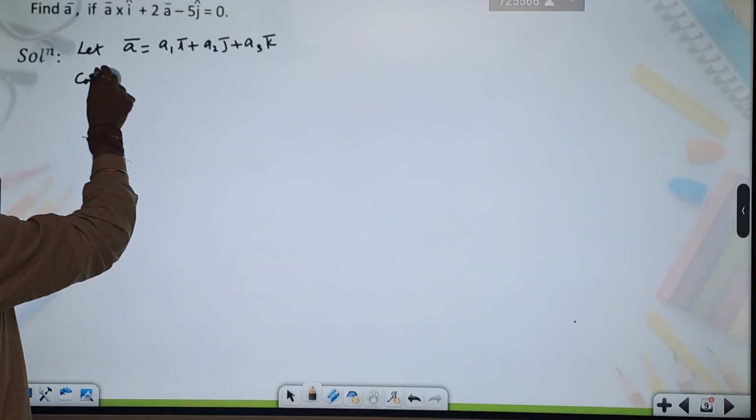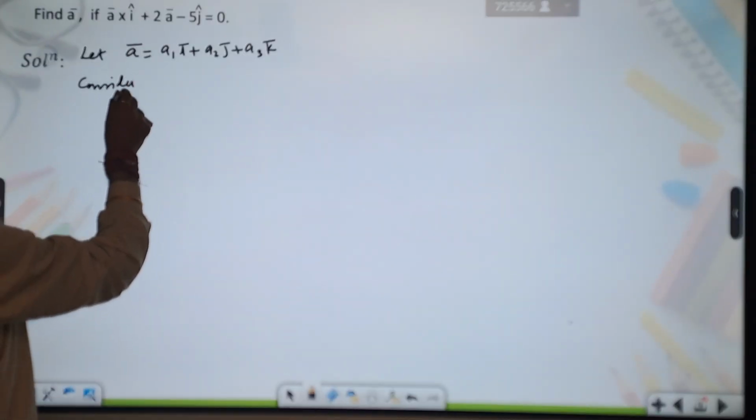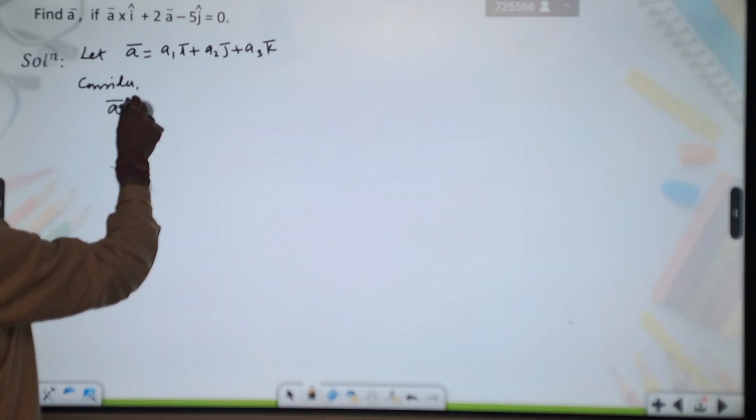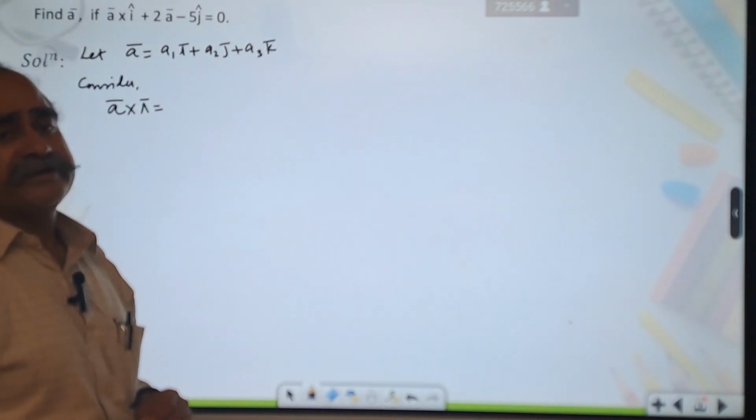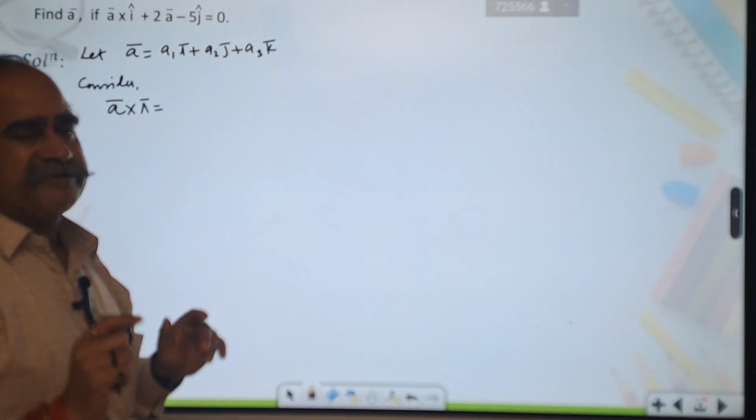Consider a bar cross i bar. We can find this by using the determinant method, or even without the determinant method.